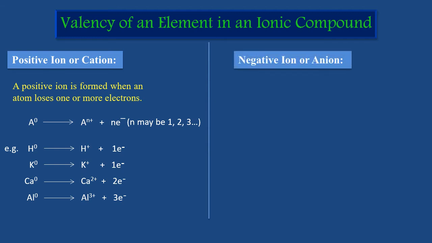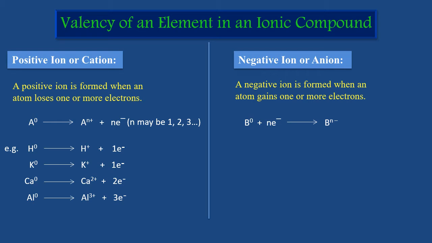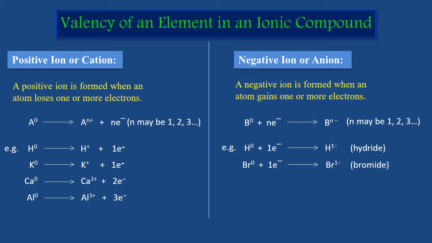Similarly, a negative ion or anion is formed when an atom gains one or more electrons. This is shown by this general equation in which an atom B acquires a negative charge by gaining n electrons. For example, hydrogen atom absorbs one electron to form hydride ion. Bromine atom absorbs one electron to form bromide ion.